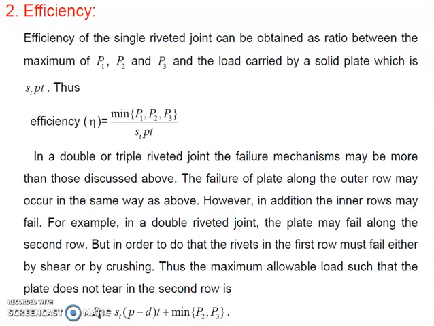Apart from that, the allowable outside load so that the plate does not tear in the second row can be given by this formula, where P1 is the tearing failure that we have seen, which can be given by St into P minus D multiplied by T, plus the minimum of the second and third failure types.